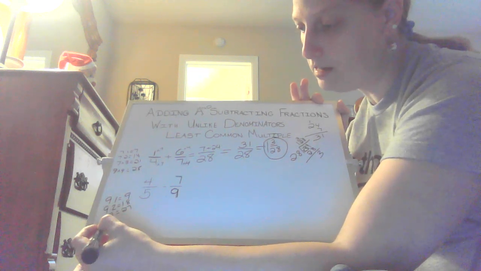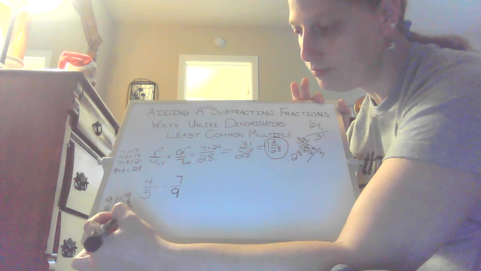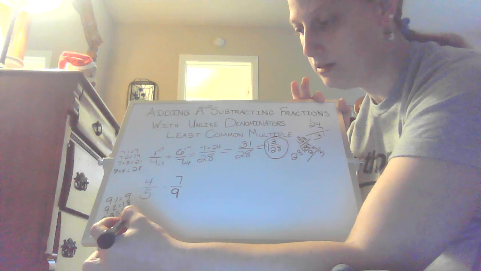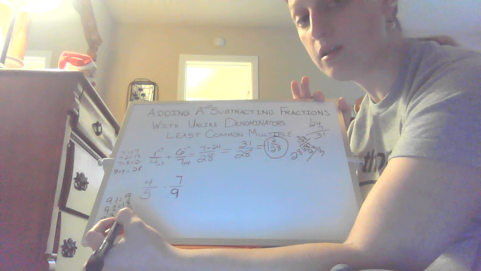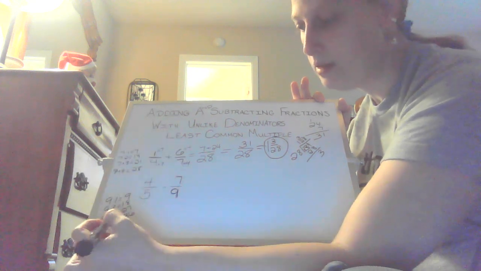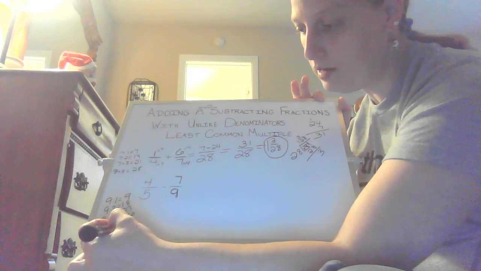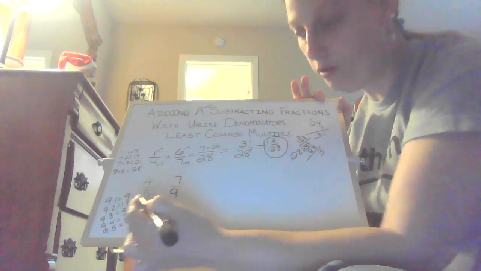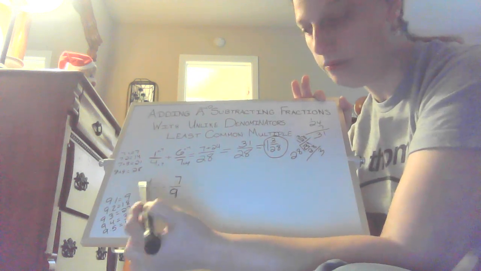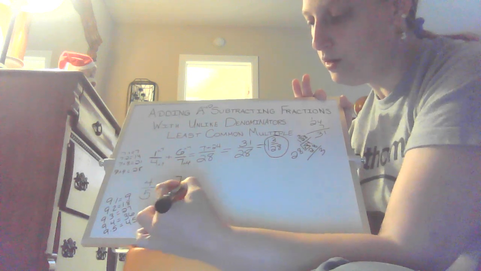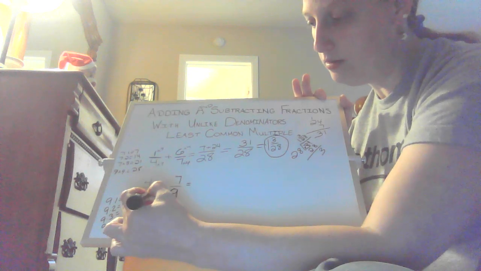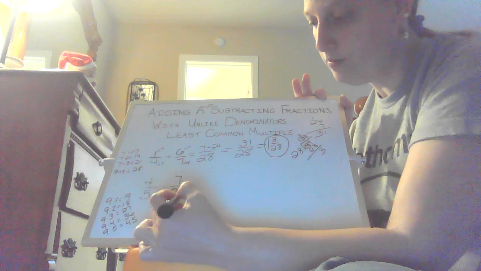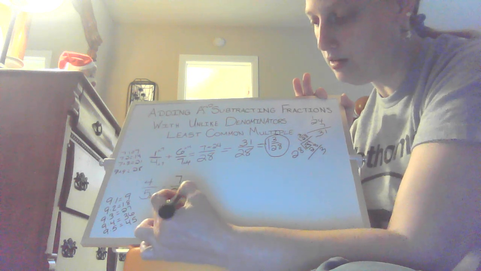So let's try 9 times 4, which is going to give us 36. Okay, so maybe it wasn't the next one, so let's try one more. 9 times 5 is going to give us 45, which we know both of these can go into.